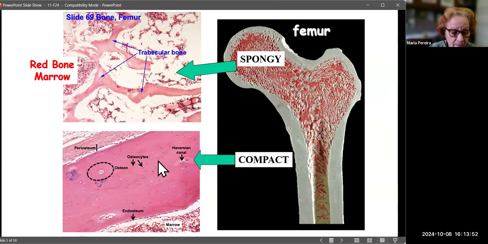What is interesting about the compact bone is that the cells, the bone cells, are trapped in this very compact matrix, and they cannot move. They're stuck there. And these are known as osteocytes. So they're the most mature cells that go from osteoblasts. They then transition to osteocytes.